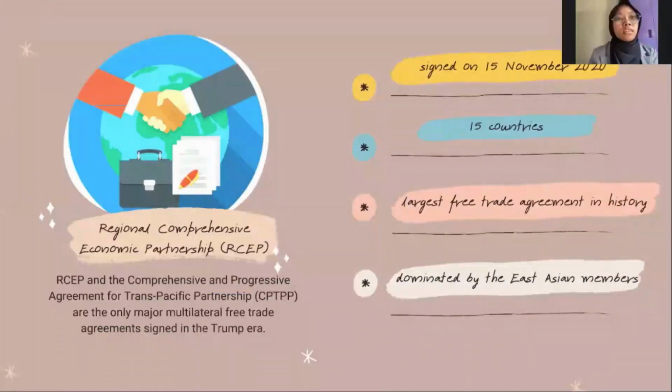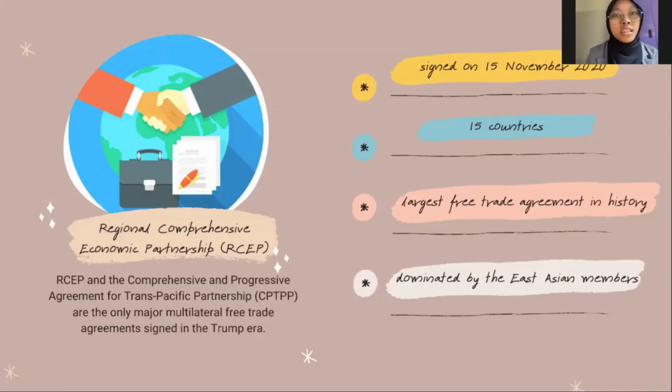Okay, next is the Regional Comprehensive Economic Partnership. In short, we can call it RCEP. RCEP and the Comprehensive and Progressive Agreement for Trans-Pacific Partnership, or in short CPTPP, are the only major multilateral free trade agreements signed in the Trump era.